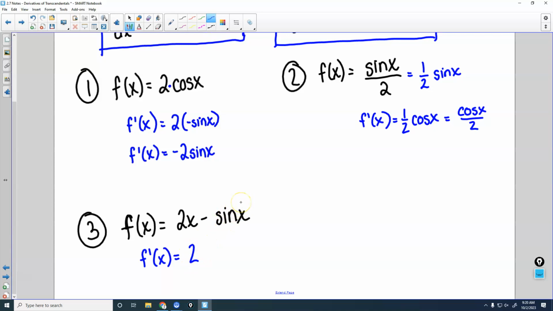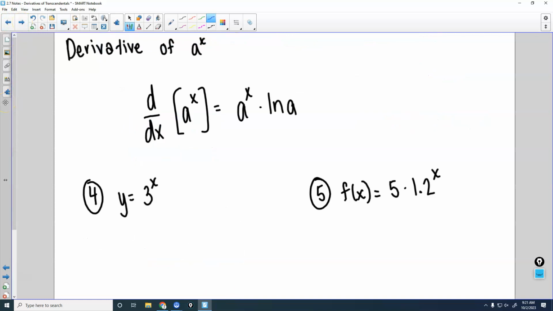Derivative of sine is cosine, so I've just got 2 minus cosine x. There's my derivative. So it is essential that you have those memorized, but for this type of problem, it's pretty basic on what you've got to do once you have it memorized.